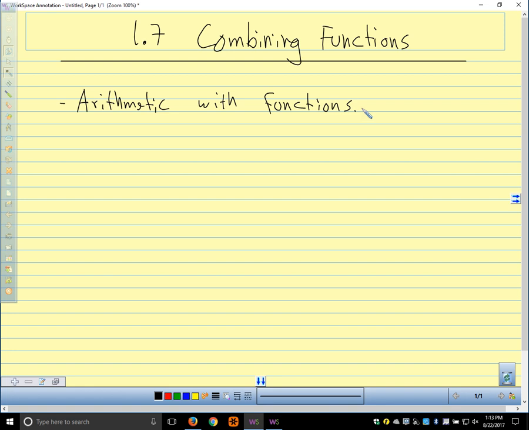What are other reasons? Any ideas? Yeah? Anyone? Another reason that we combine functions is that we can make up more complicated functions out of simpler ones. So we can build up these functions out of simpler pieces, so we can make more complicated, more interesting functions.